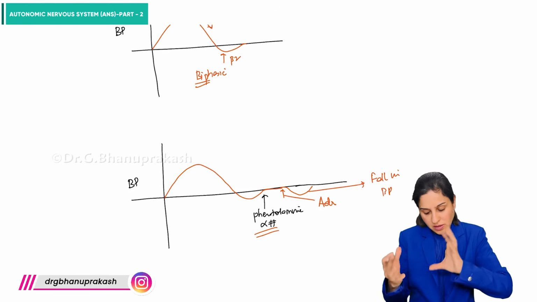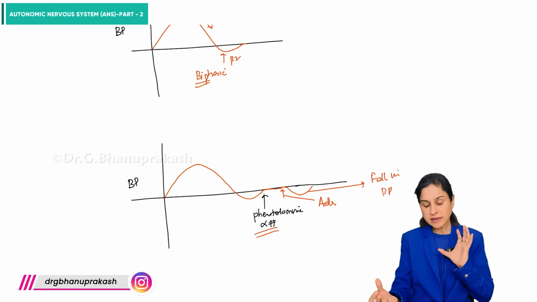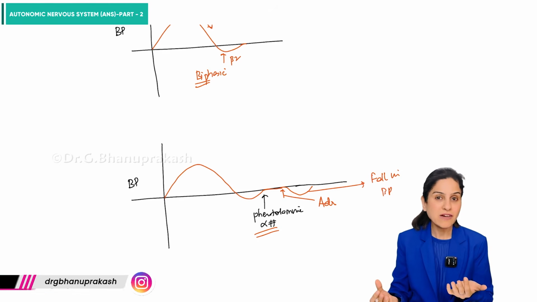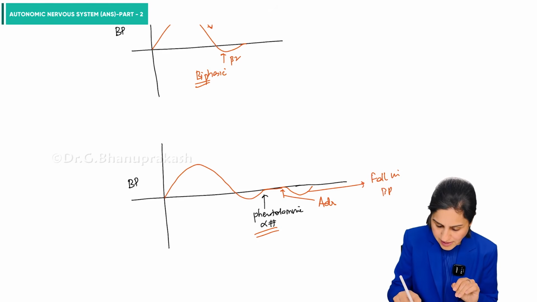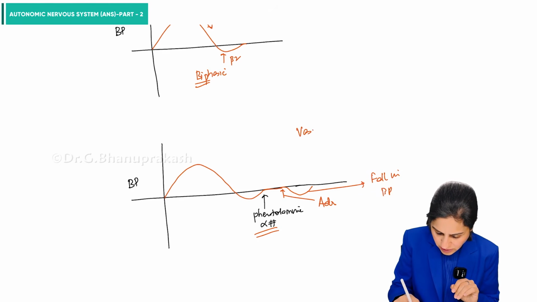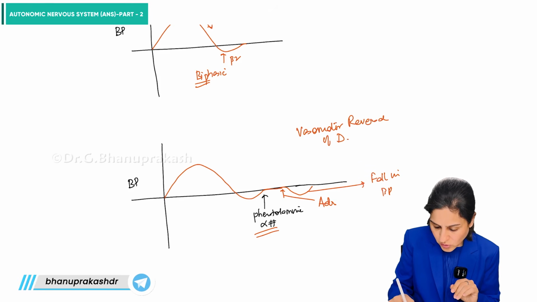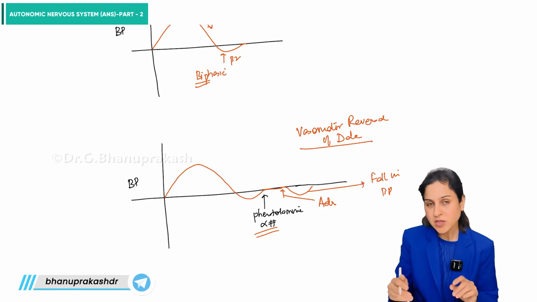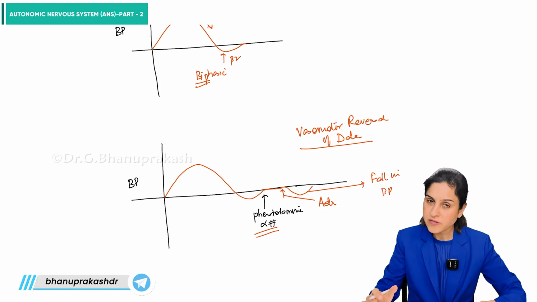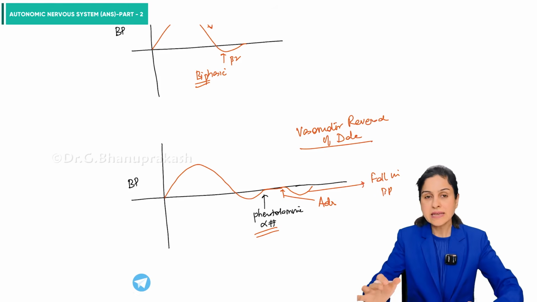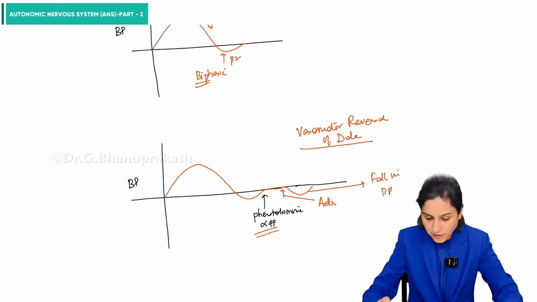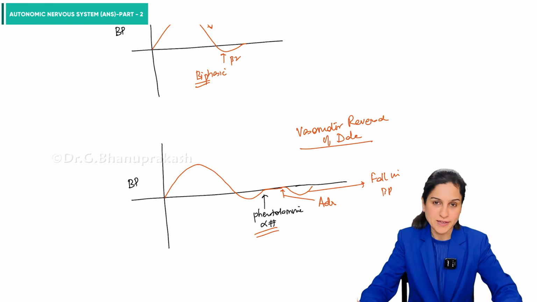So this reversal of the effect of adrenaline after giving an alpha blocker is called the vasomotor reversal of Dale. This was seen by Sir Henry Dale. That's why the name Dale, vasomotor reversal of Dale. So it is seen when you give adrenaline after you have given an alpha blocker.